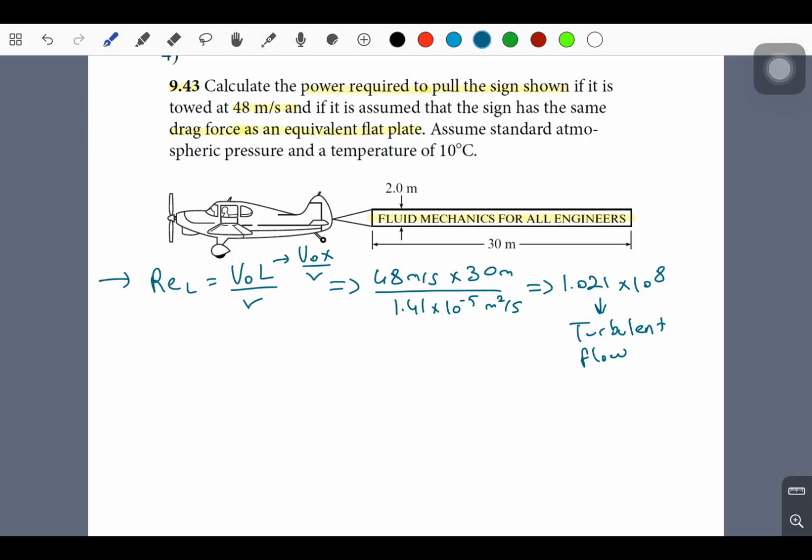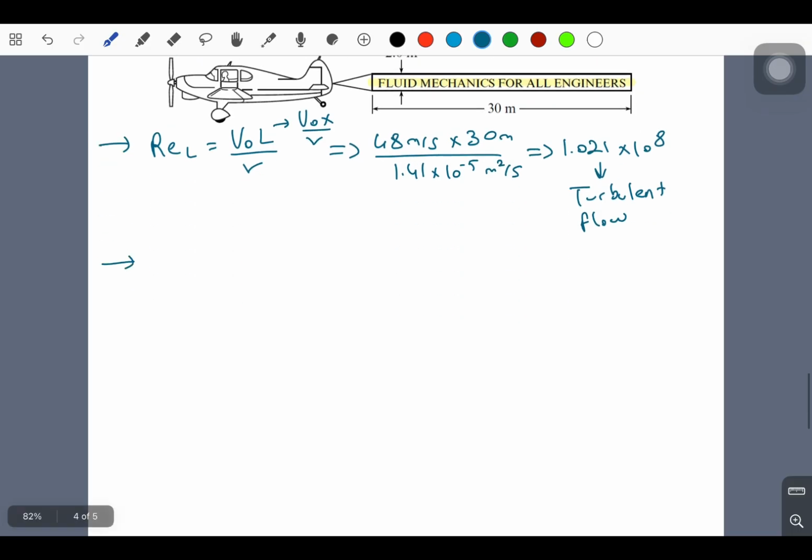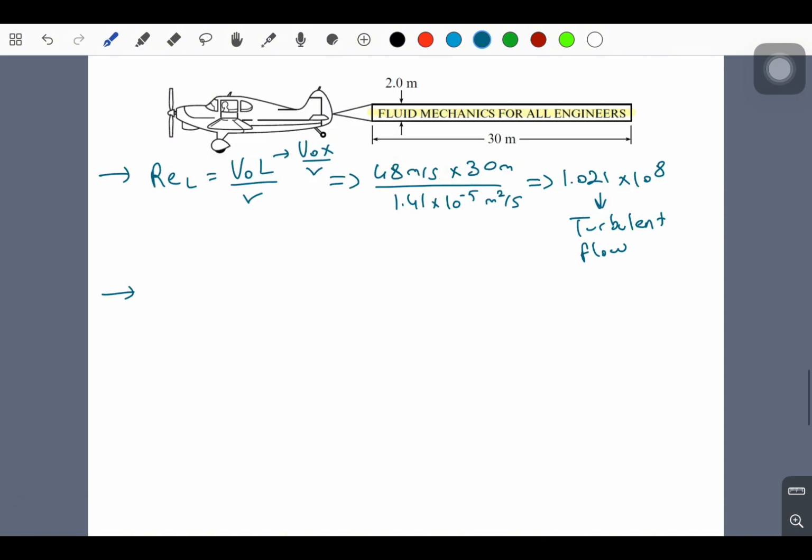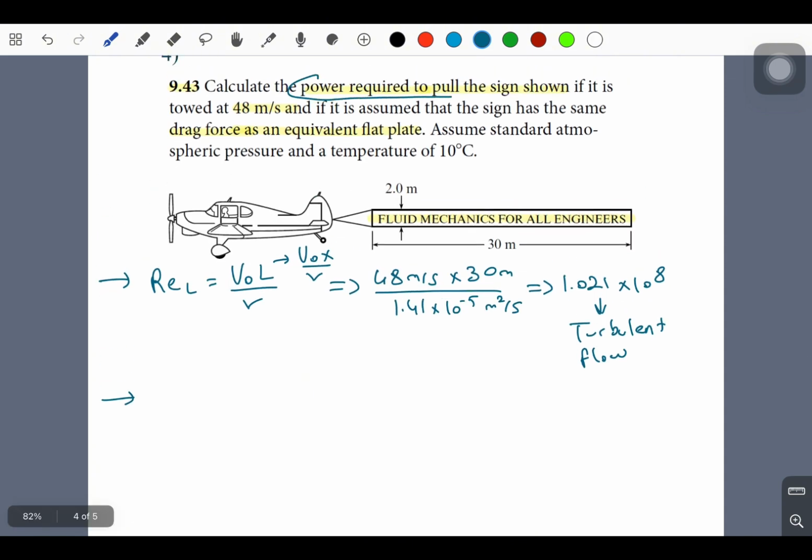So the main reason for determining if it is laminar or turbulent is that we need to use specific equations for turbulent or laminar flows. So we first calculated the Reynolds number. Then here we need to find the power required to pull the sign. And for the power, we actually use this equation, which is the drag force multiplied by velocity.